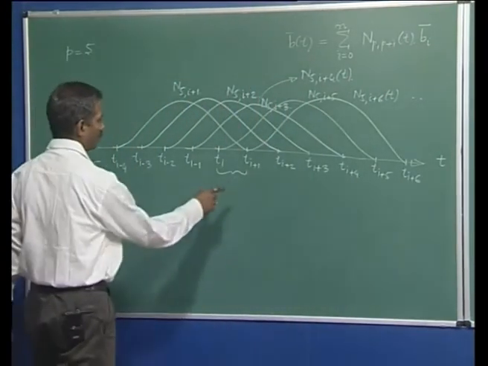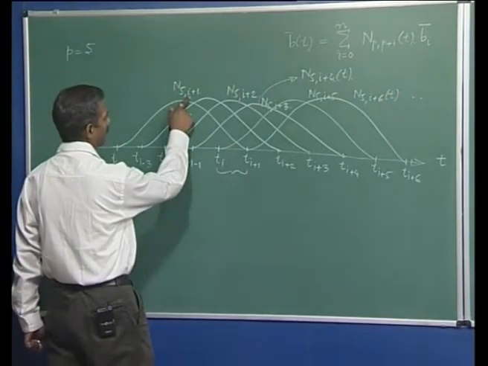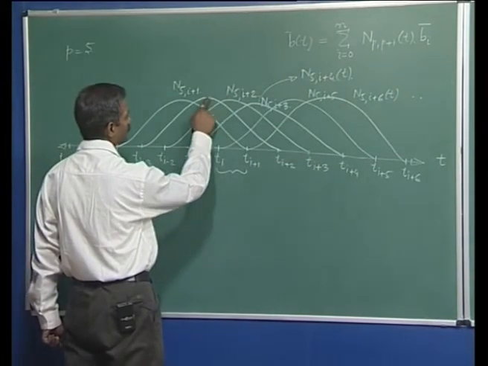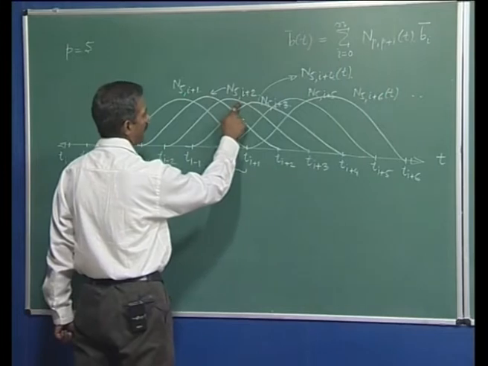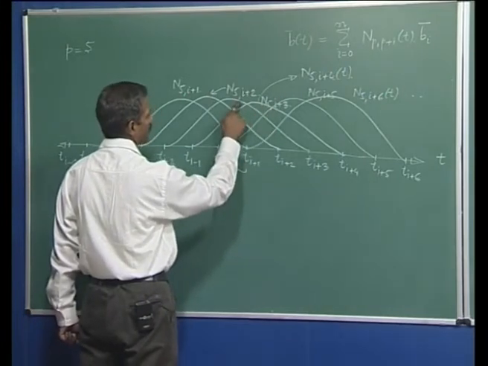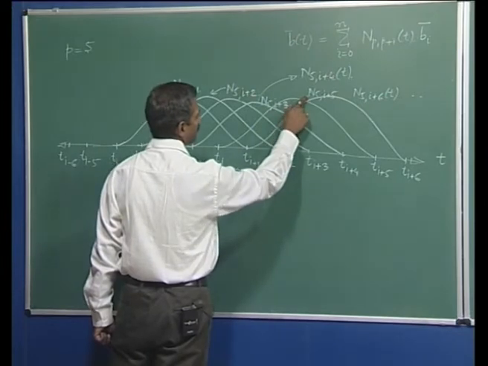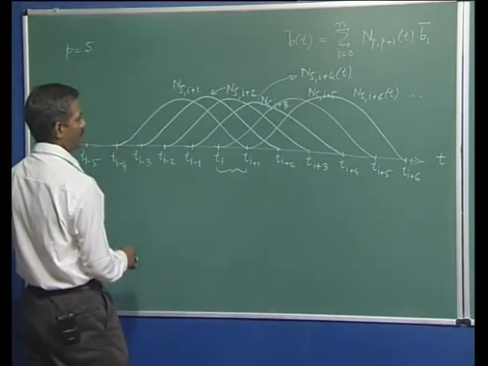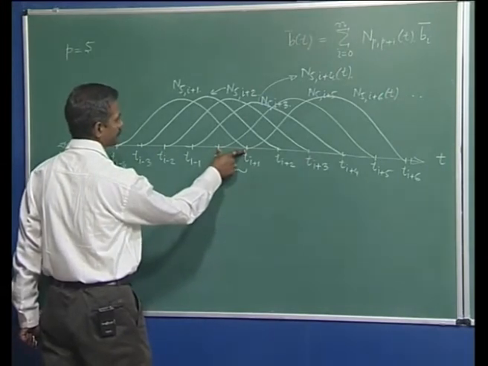Now remember, over this interval, t_i to t_{i+1}, N_{5,i+1}, N_{5,i+2}, which is this one here, N_{5,i+3}, which is this one, N_{5,i+4}, and N_{5,i+5}, all these 5 basis functions will be non-zero here.